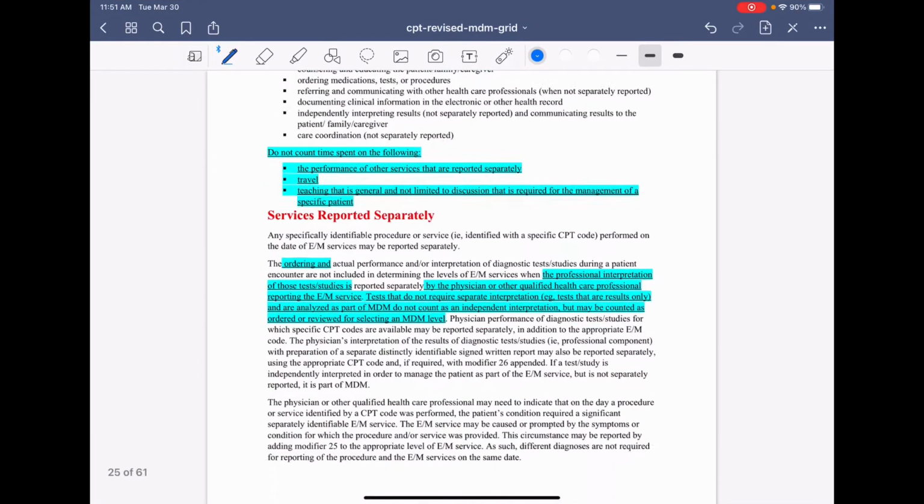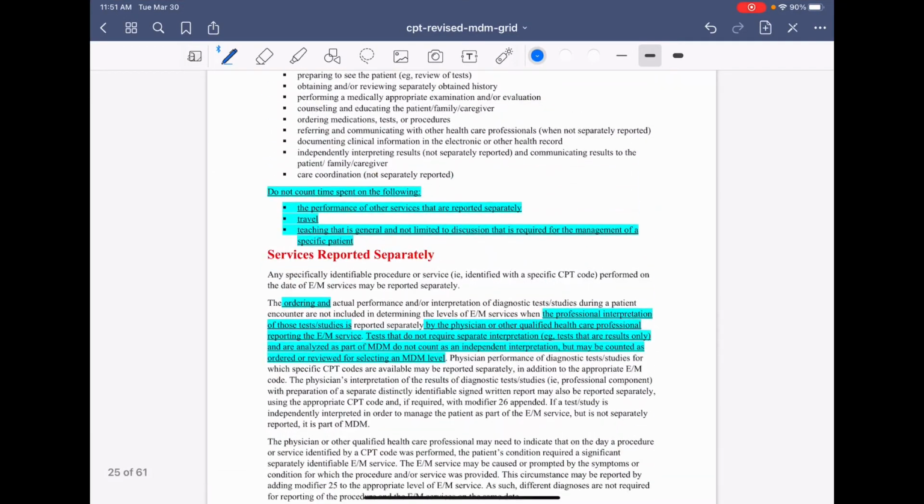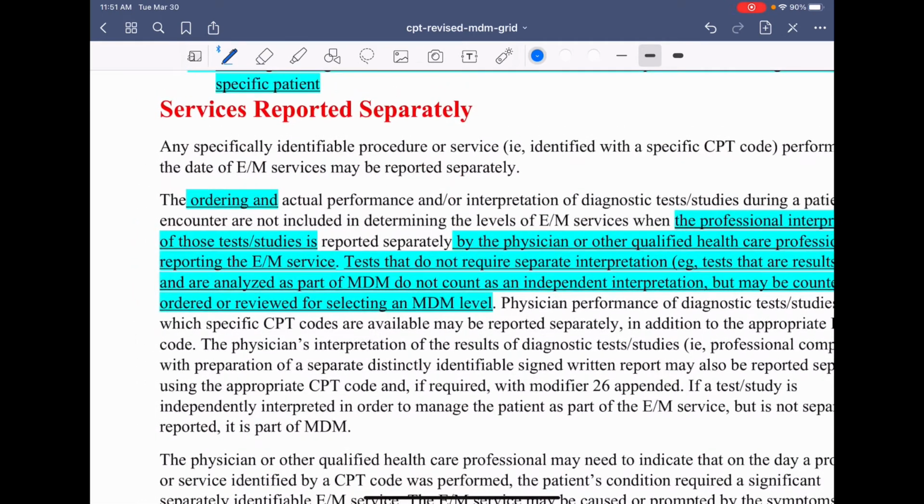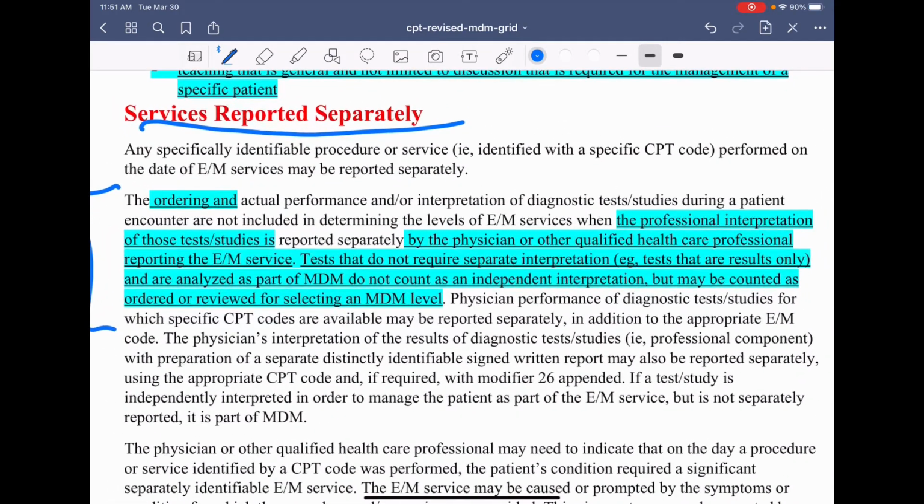So if you turn to page 3 and go to this section about services reported separately, looking in this paragraph right here, I'm going to read it once and then we're going to come back and dissect it, because it's very important that we get this right.